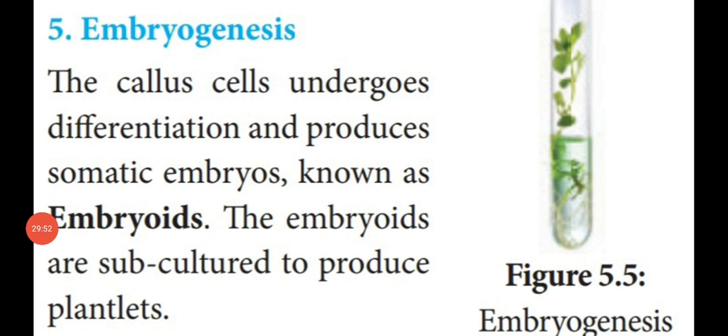Dear students, the next step is embryogenesis. The basic techniques of plant tissue culture: first one is the sterilization, second one is the media preparation, third one is the culture condition, fourth one is the incubation of the callus. Next one is the embryogenesis.